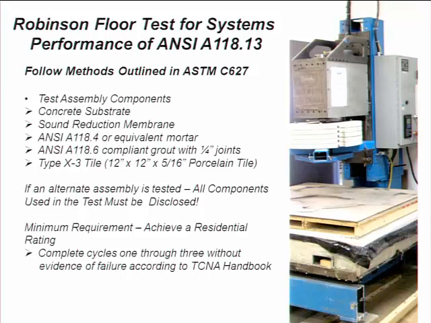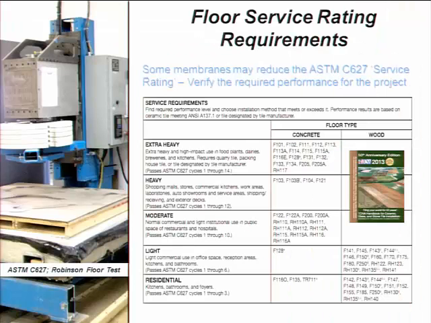But that is based upon the performance of the Robinson, and the Robinson is the same piece of equipment that we use for testing all of the service ratings, but in this case it's used for the floor covering or for the membrane, the sound membrane itself. And if you look at residential, as we mentioned, is the bottom performance.